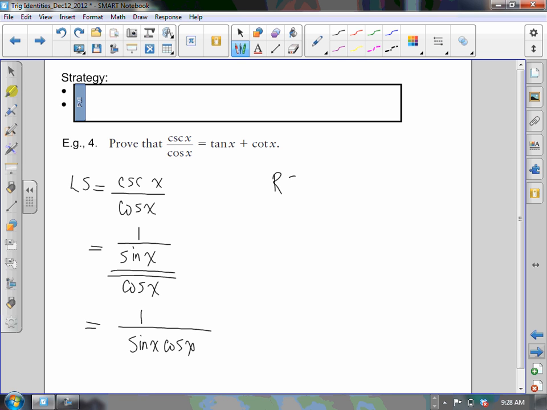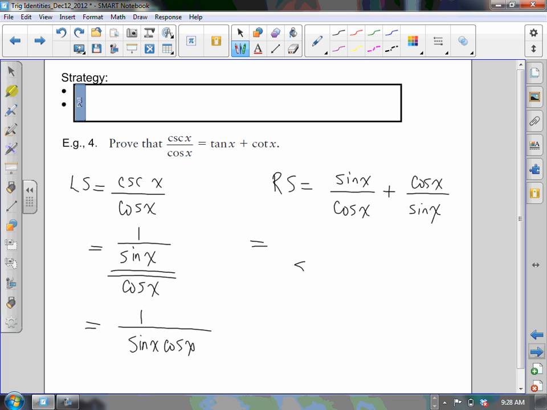On the right-hand side, we have tan x and cotangent. Recall one of the rules for working with trig identities was to convert to sines and cosines using the quotient identity of sine over the cos of x. And the same thing applies to its reciprocal. Cotangent of x would be cos x over sine x. In this case, we have two fractions.